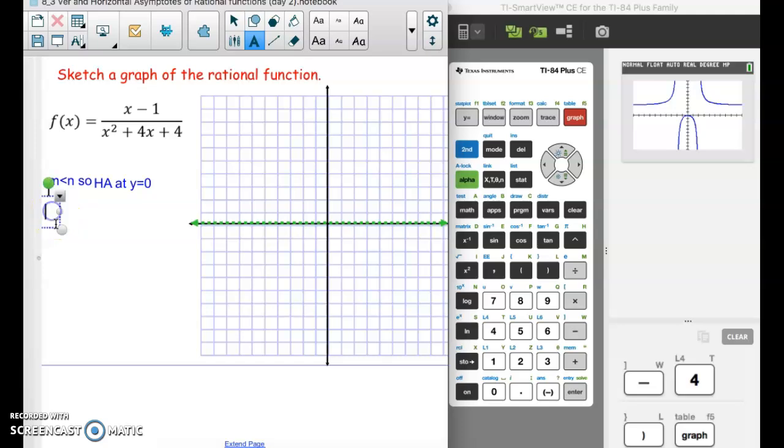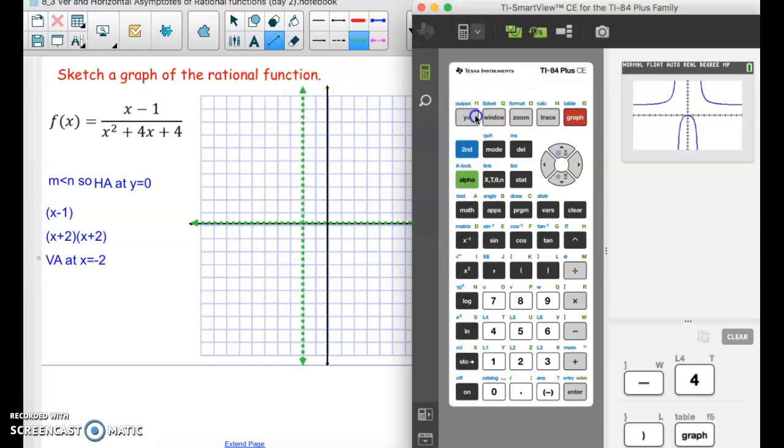Next step for vertical asymptotes, I'm going to need to factor to see if there's any matching factors on top or bottom. And there's not, so we have a vertical asymptote at x equals -2. So I'm going to draw that in. And then we need to figure out what our graph looks like.